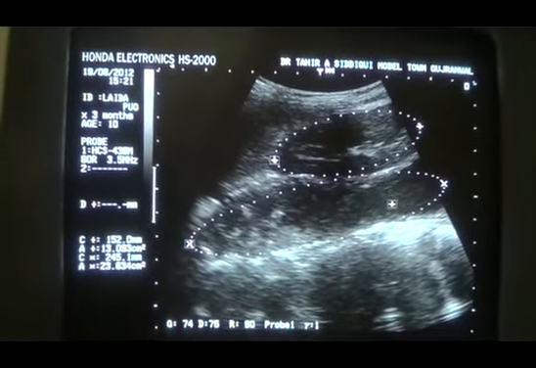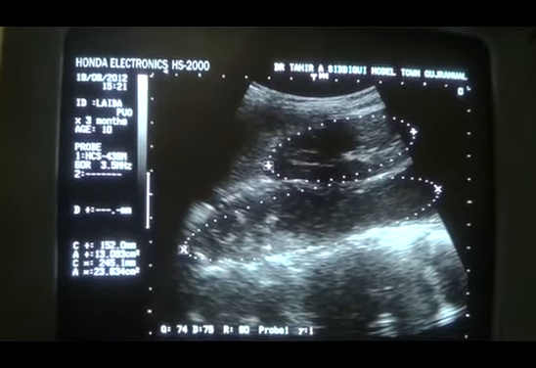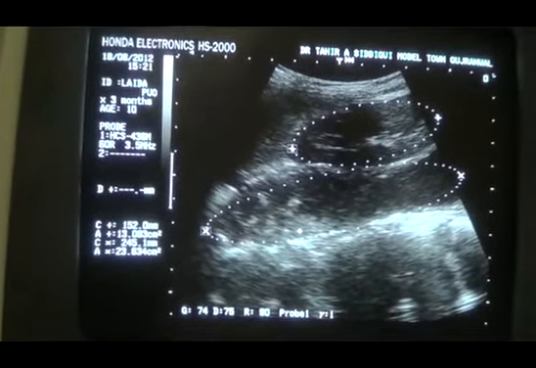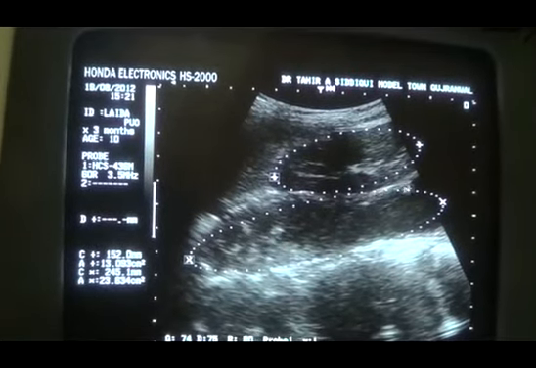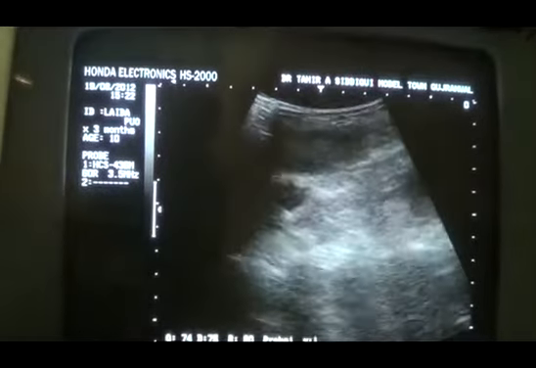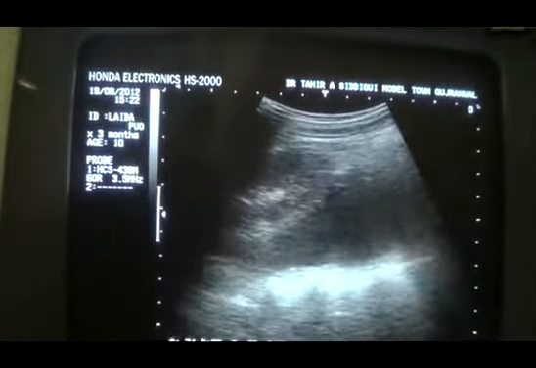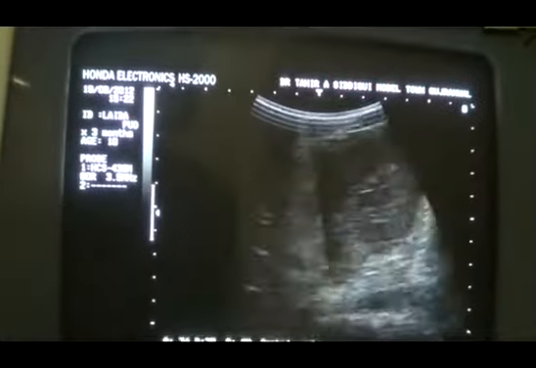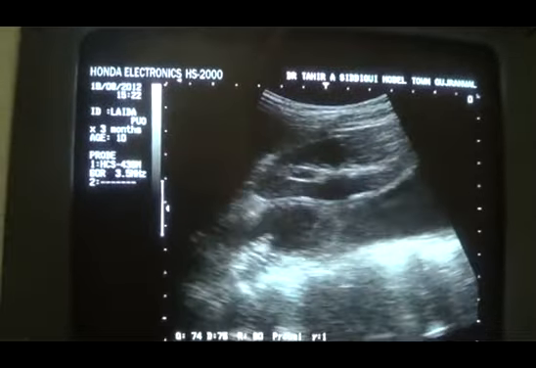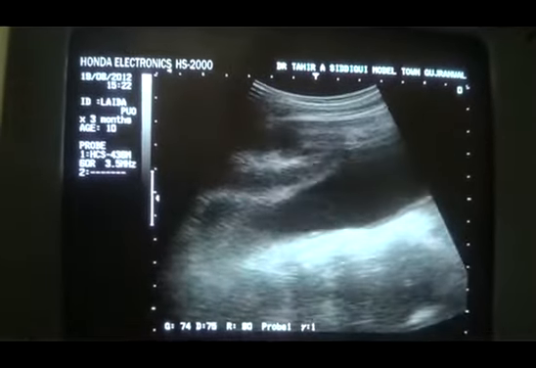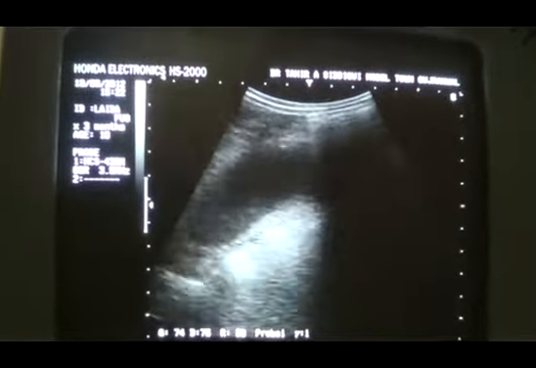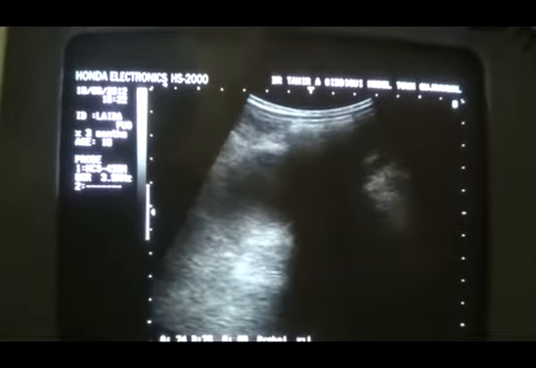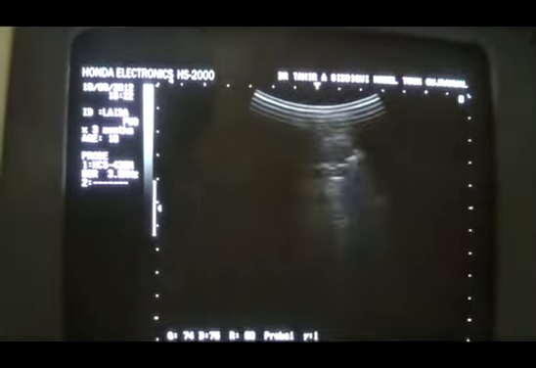Here, there are sand-like particles within it, and these are non-shadowing echogenicities, seen more prominently at the edges of the anterior and posterior wall of this longitudinal cystic area that extends from the posterior medial aspect of the left kidney down up to the left adnexa, left pelvic region.